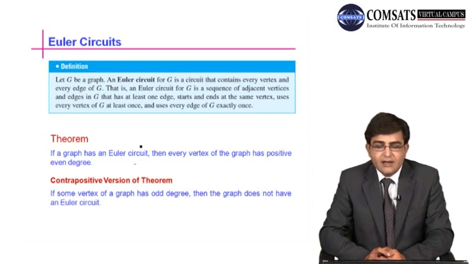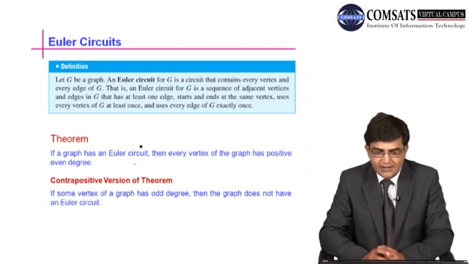That is, an Euler circuit for G is a sequence of adjacent vertices and edges in G that has at least one edge. Starting and ending point are also the same in the Euler circuit, and it uses every vertex of G at least once. At least once here means that vertices can be repeated in the Euler circuit, and it uses every edge of G exactly once.